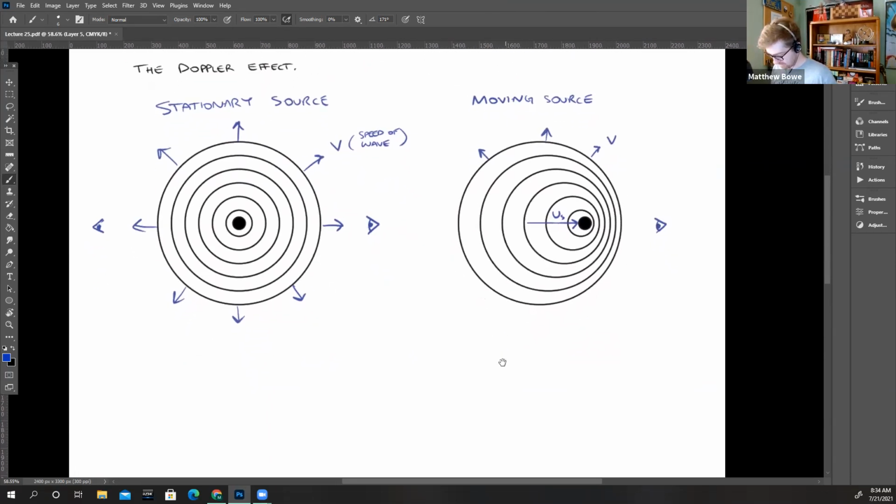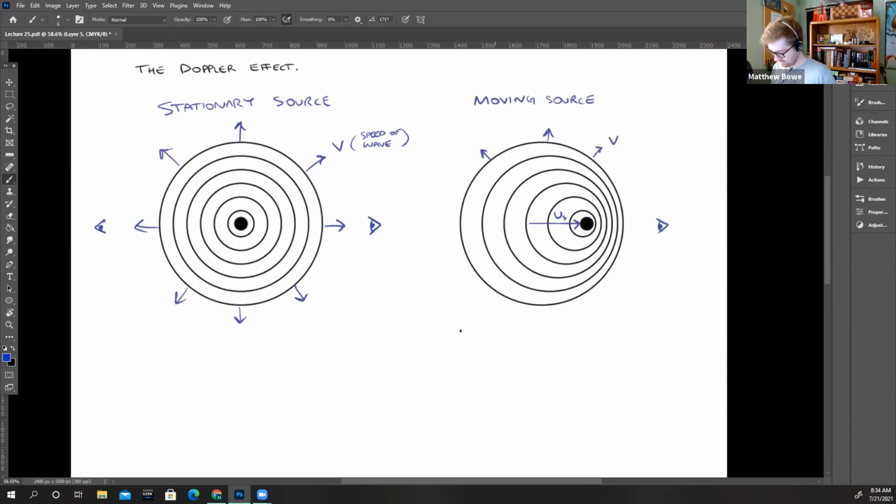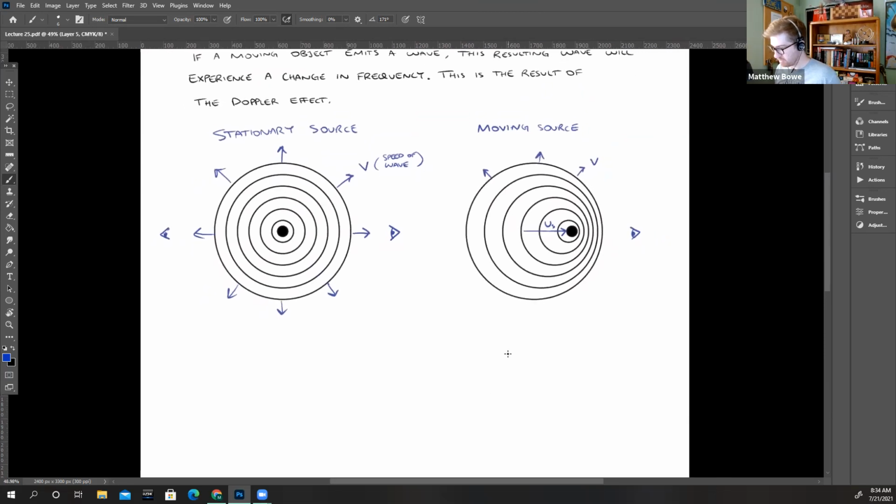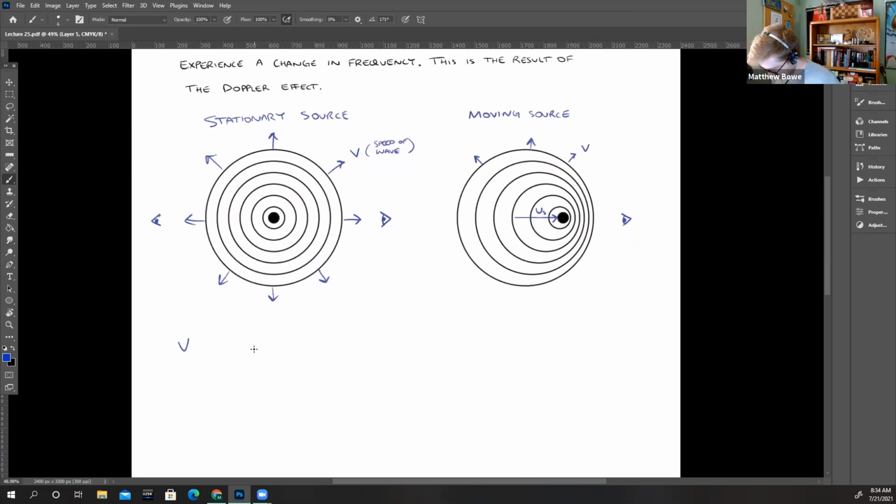All that's good. Let me write out the variables I'm going to use before I start throwing a lot of new variables on the screen. So we have V, we already know that.